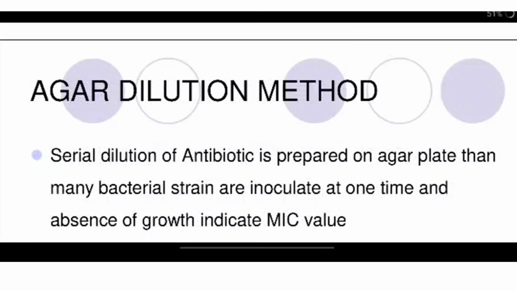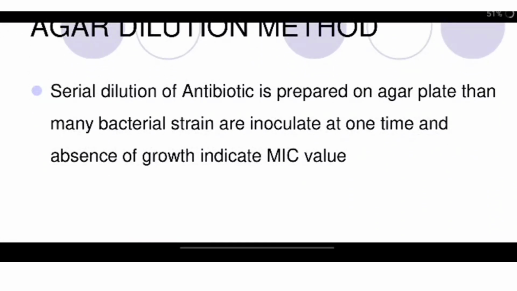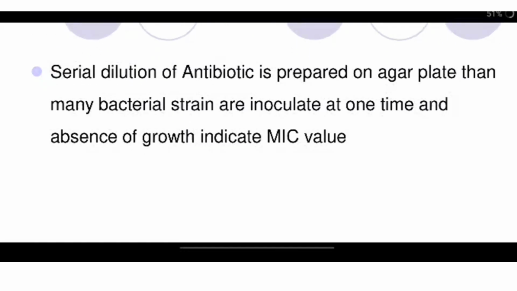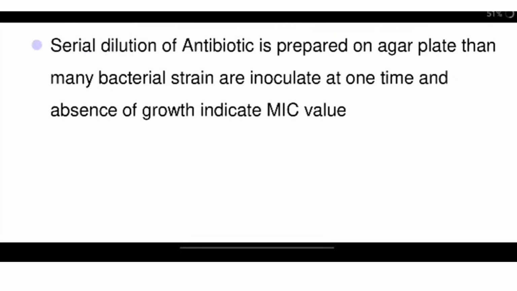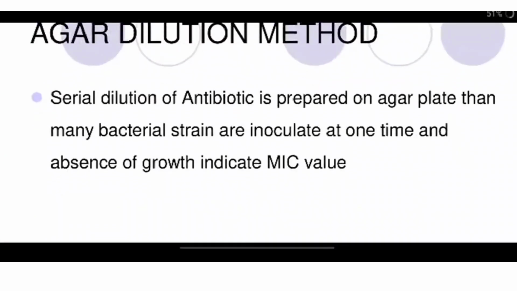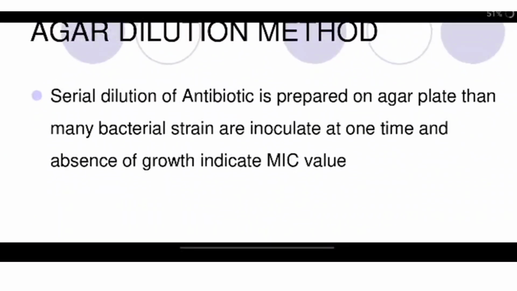Agar dilution method. Serial dilution of antibiotic is prepared on an agar plate. Then many bacterial strains are inoculated at one time, and absence of growth indicates the MIC value. So here what we do, we prepare an agar plate with different concentrations.